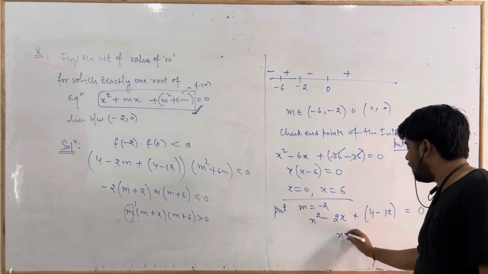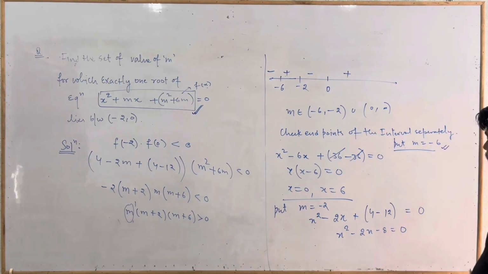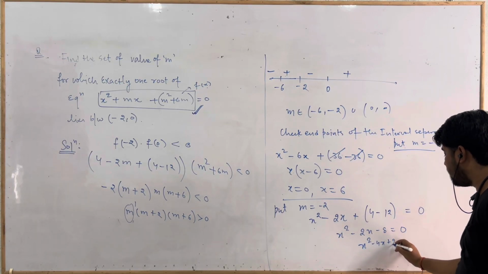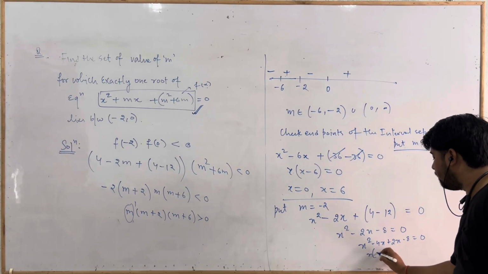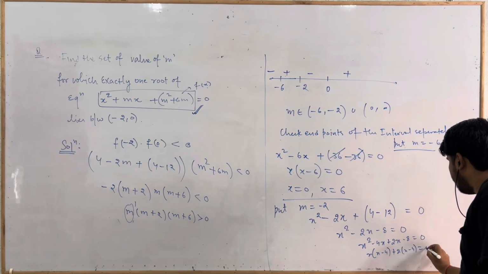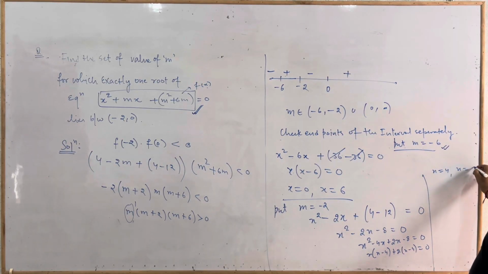That is x square minus 2x minus 8 equal to 0. Solving, x square minus 4x plus 2x minus 8 equal to 0. Taking common, I get (x minus 4) plus 2 into (x minus 4) equal to 0. So x equal to 4 and x equal to minus 2.